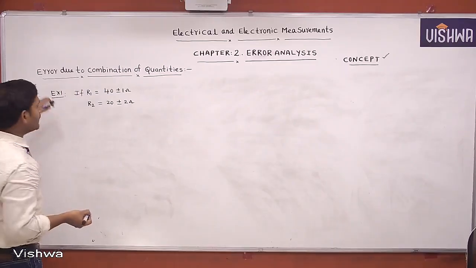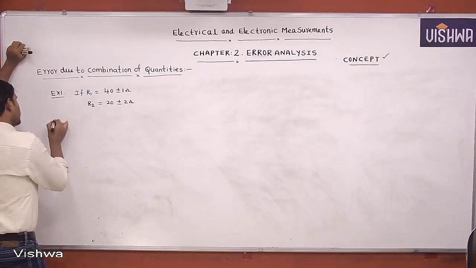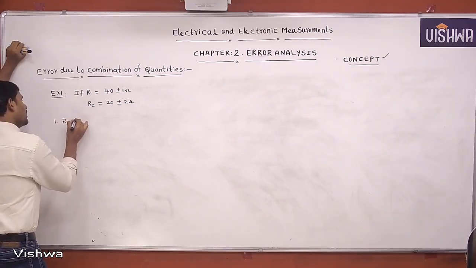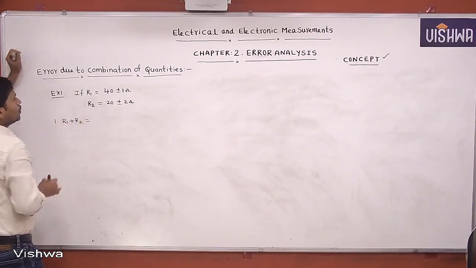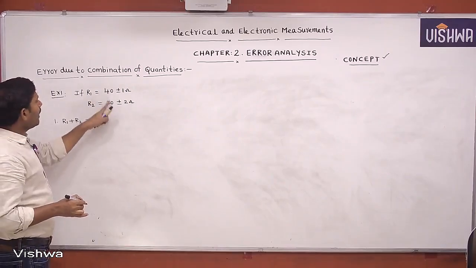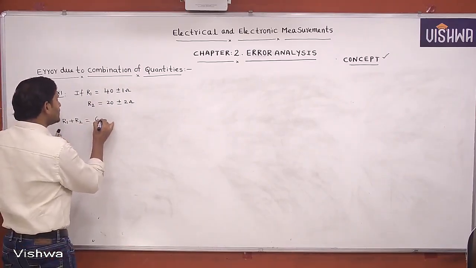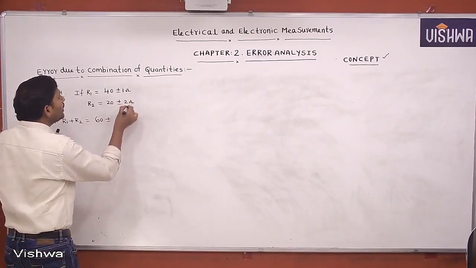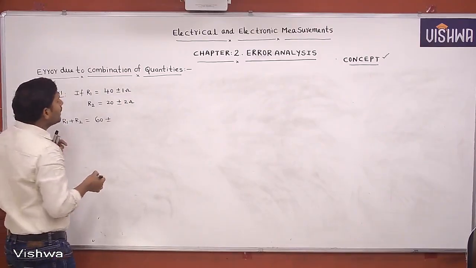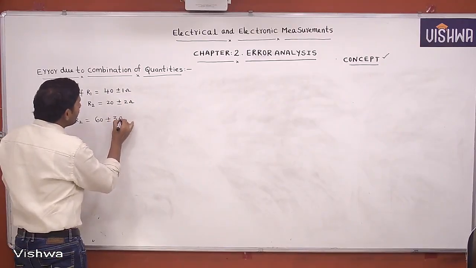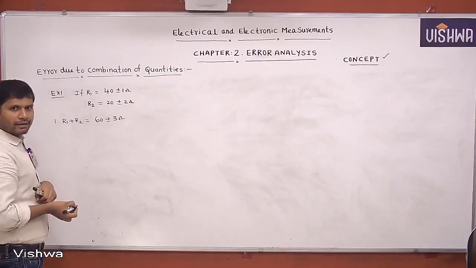It is given like this. First one. Can you tell what is R1 plus R2? How to do the addition? 40 plus 20, 60. Given is absolute error because it is given in ohms. Then this is 3 ohms. In addition, absolute errors are added directly.